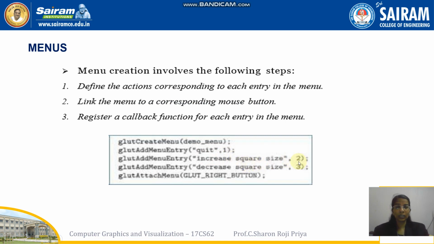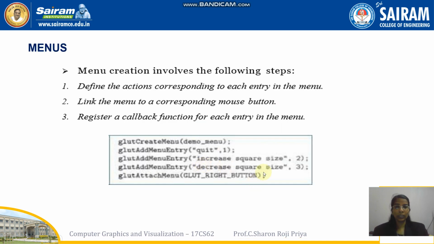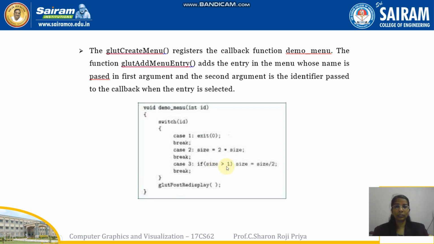Next is case if the identifier is 2, increase the size, so I am scaling by 2. And if it is 3, I have to decrease the size, so I am dividing by 2. Then glutPostRedisplay. This is a simple menu.